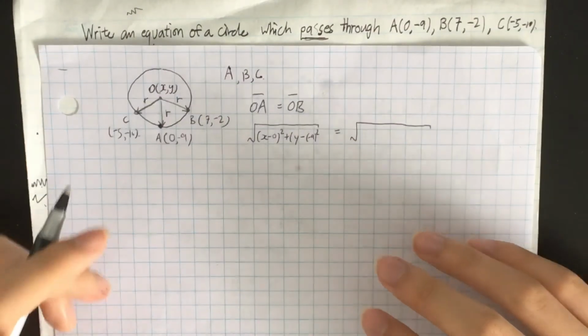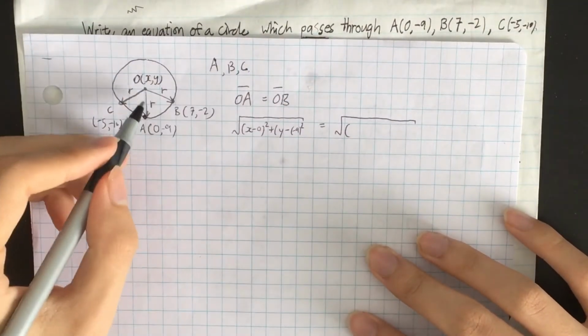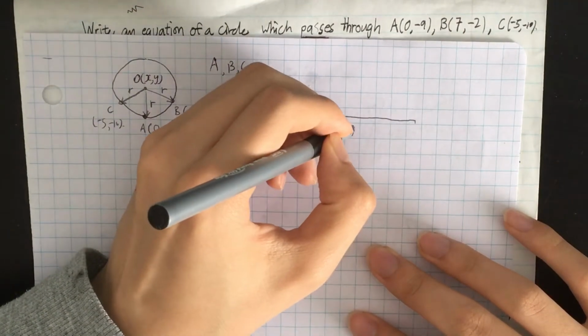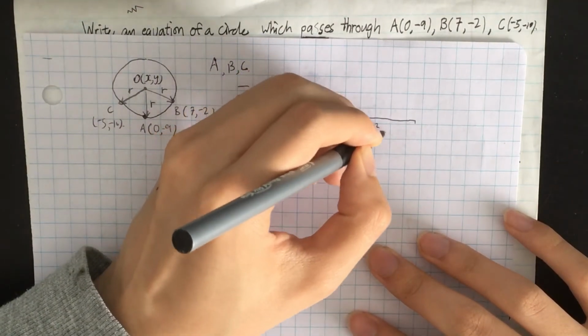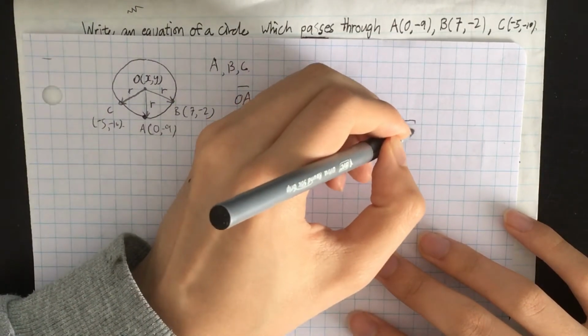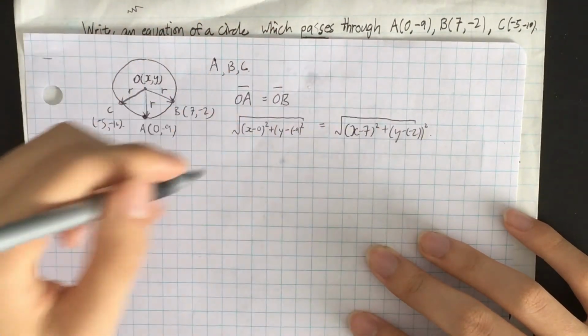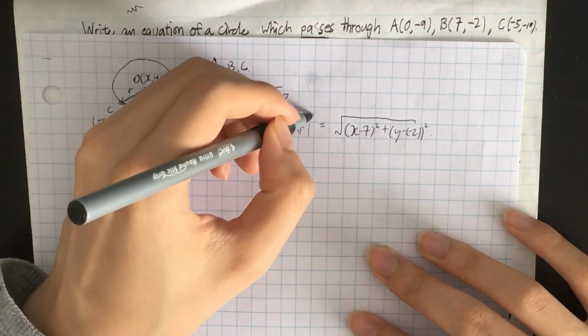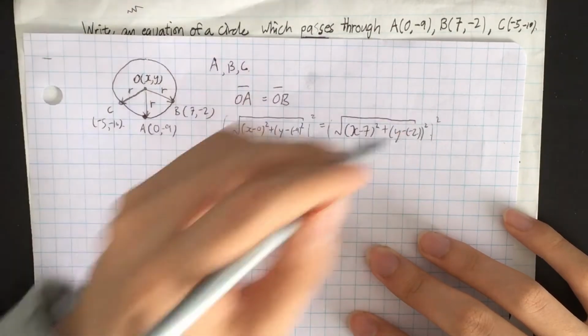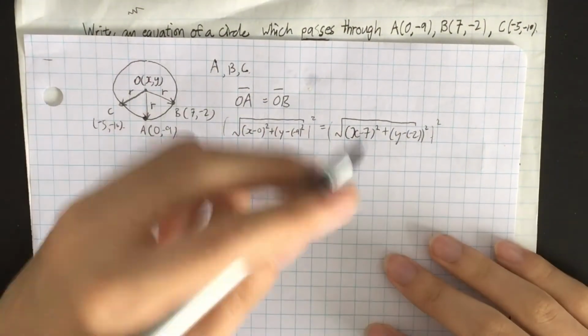It's Pythagoras' theorem, right? And then same with OB. We have x minus 7 squared plus y minus 2 squared. Now we simplify and square both sides. Now note that we don't take the plus or minus root.